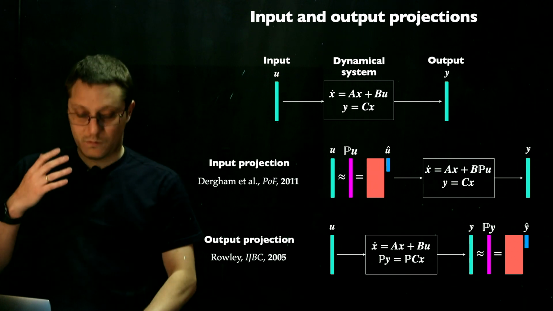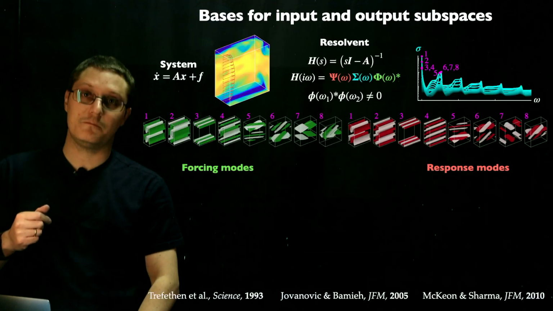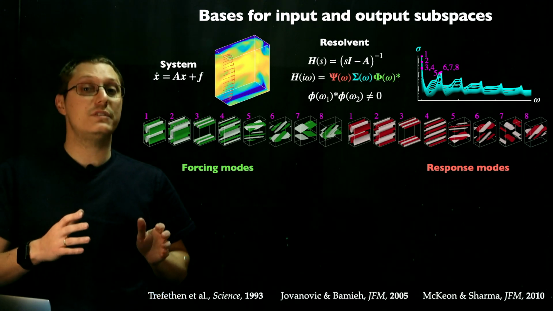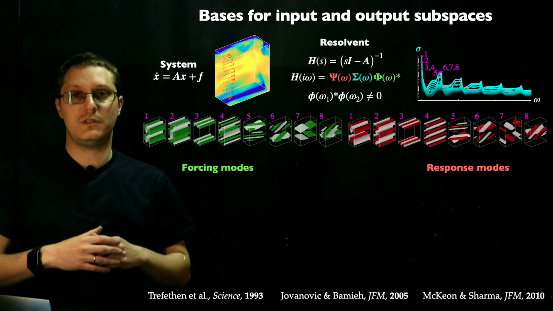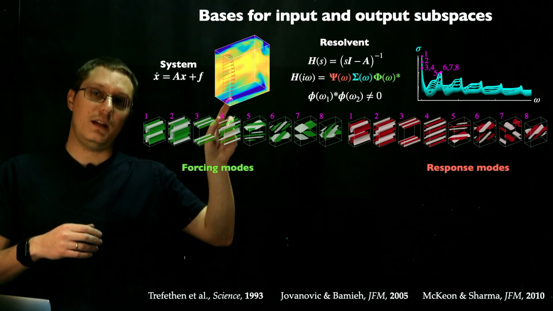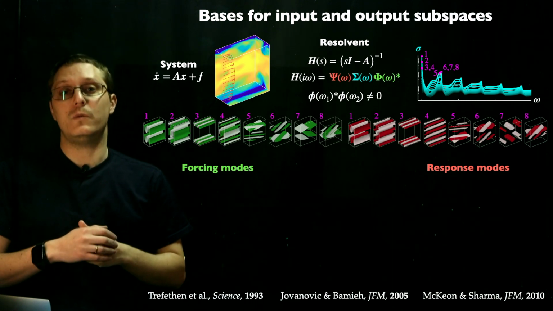So the question now is, well, what are good subspaces to project onto? And we're thinking about systems with full state inputs and outputs, such as a fluid flow that can be disturbed anywhere and can be measured everywhere. Okay, so that's the kind of systems we are interested in.